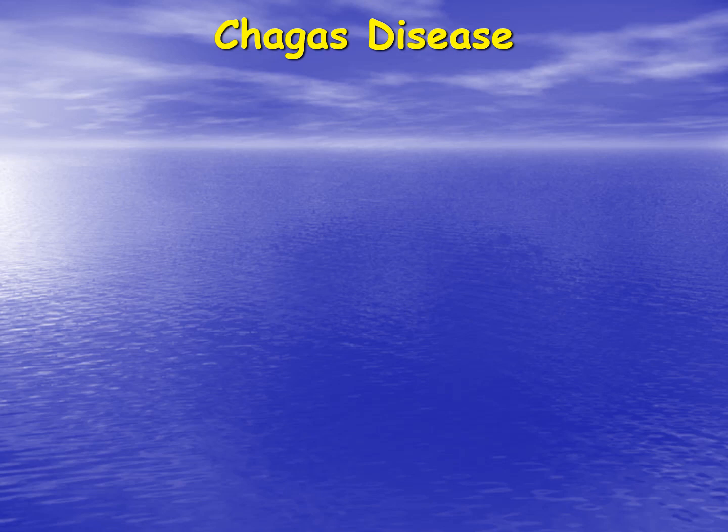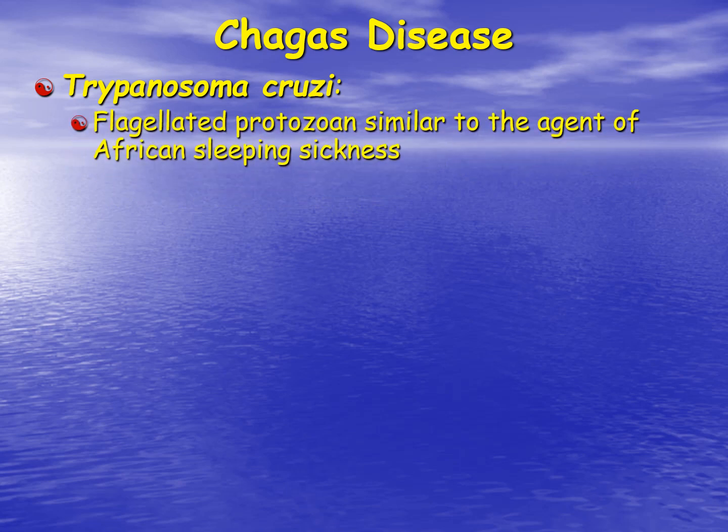Now, let me talk a little bit about Chagas disease. This is caused by the protozoan Trypanosoma cruzi. It's a flagellated protozoan, and it's related to Trypanosoma brucei that causes African sleeping sickness.